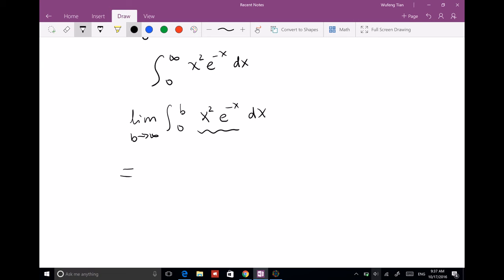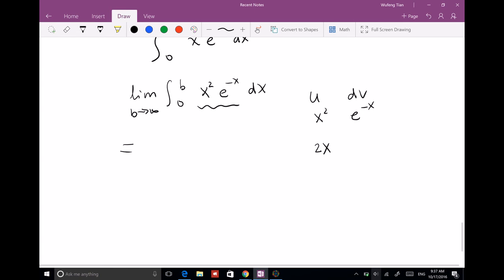So with the tabular method, u would be x squared, and dv would be e to the negative x. Then the derivative of u is going to be 2x, and the integral of dv is going to be negative e to the negative x.